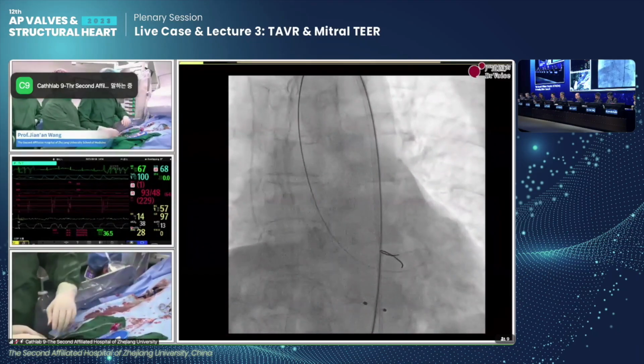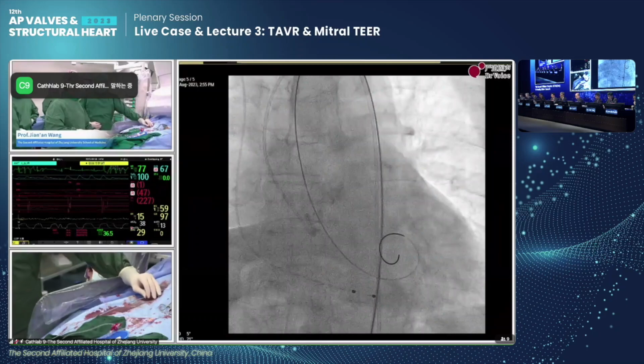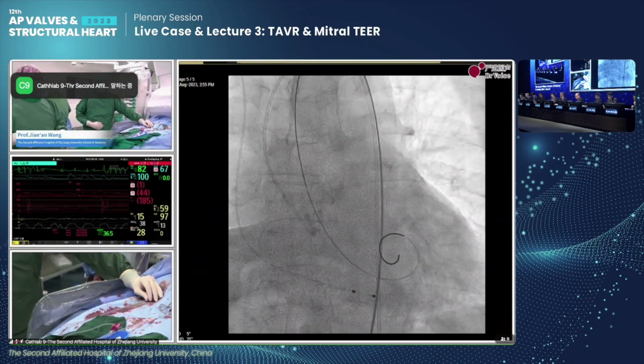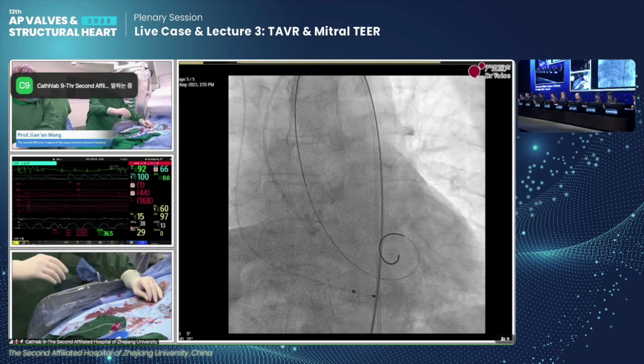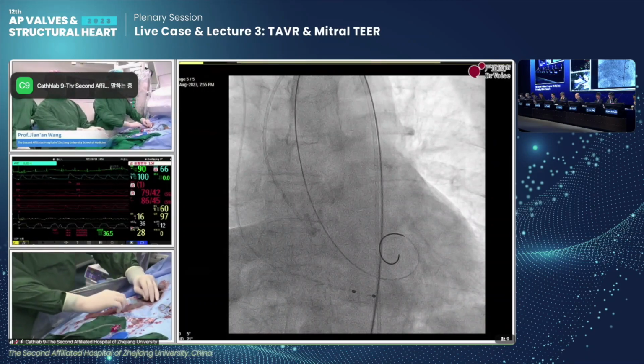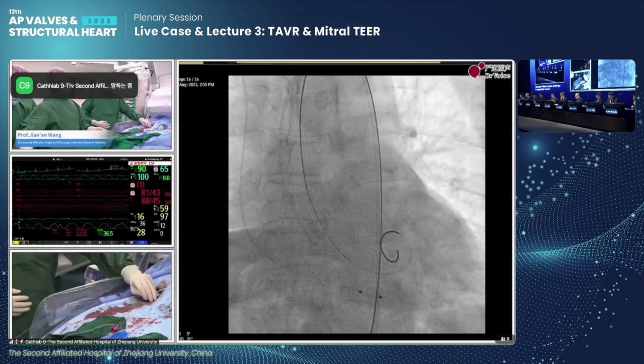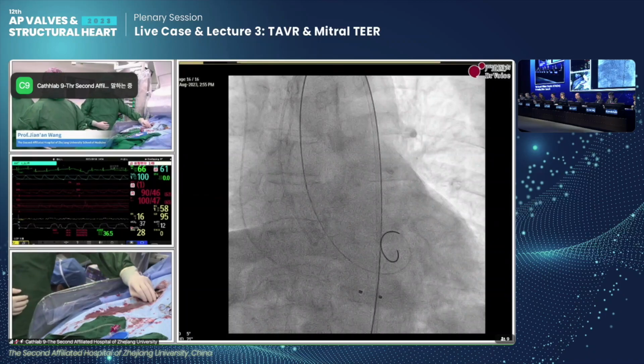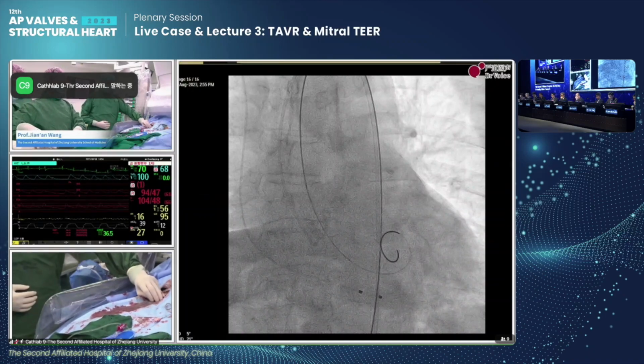So the two purposes. One is to evaluate the size, how big a size we can achieve during the balloon inflation. So it's very good for selecting the device size. The other purpose is to try to open the calcified orifice, may go for further procedure.